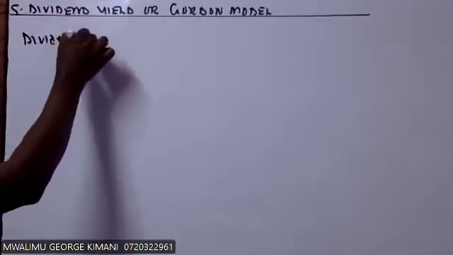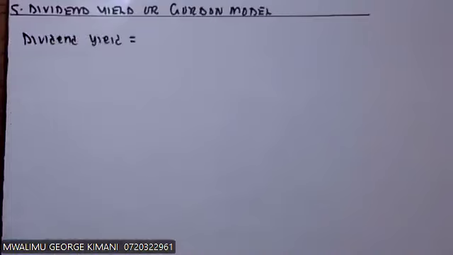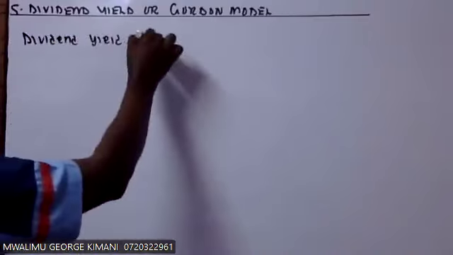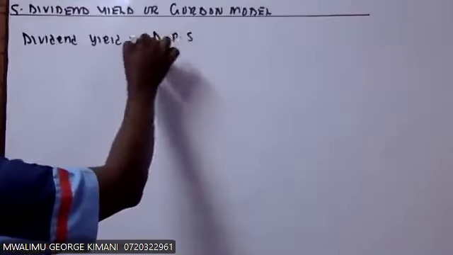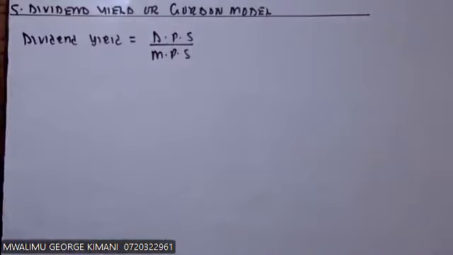Dividend yield is given as dividend per share. You divide by market price per share.